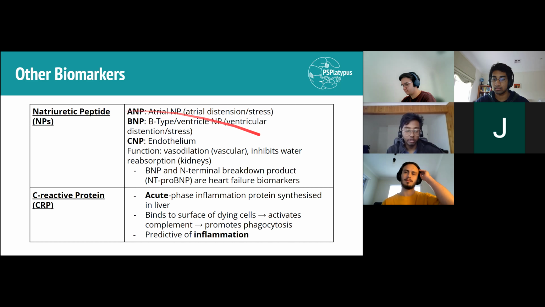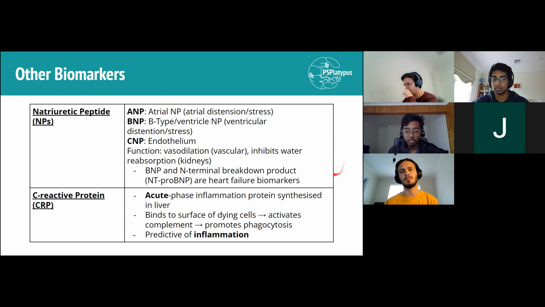So earlier on, I talked super briefly about ANP, atrial natriuretic peptide, which will cause, I think it was dilation to blood vessels. So natriuretic peptides are a whole class of different peptides which have their own effects on blood pressure.